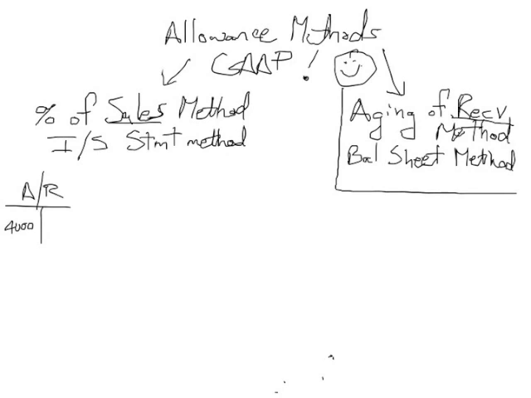And at the same time that we book the receivable, we'll book the sales revenue. We just earned $4,000. But under this percent of sales or income statement method, we have to book the expense at the same time that we book the revenue.